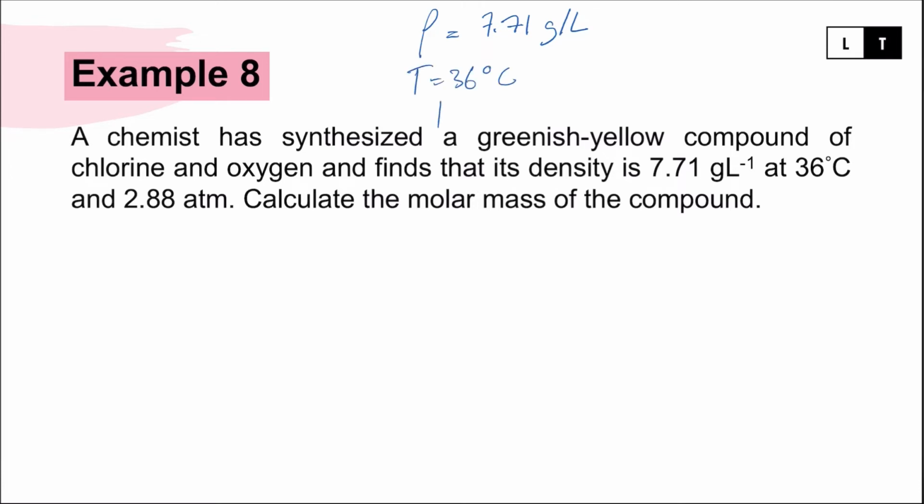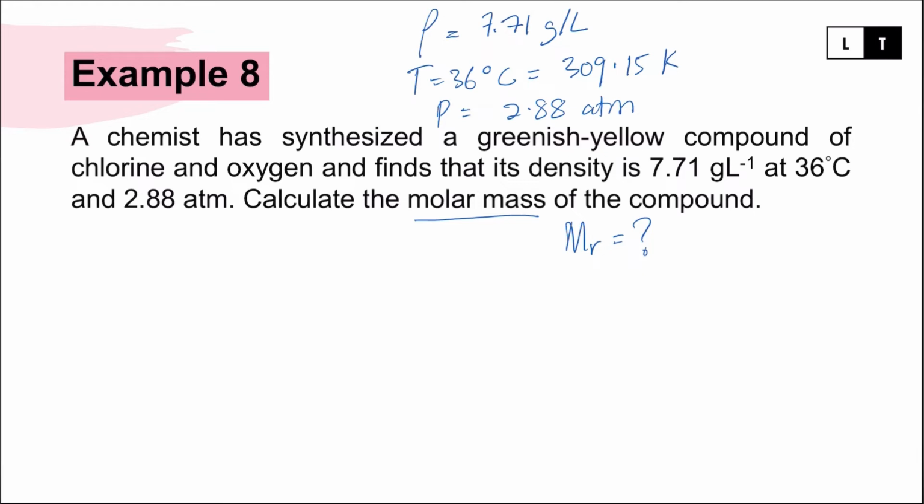And the pressure I have 2.88 atm. So daripada sini, untuk temperature saya akan convert kepada Kelvin. Jadikan habit untuk convert straight away temperature kepada Kelvin, volume kepada liter. And then seterusnya, saya nak calculate molar mass. So molar mass, what is the symbol? It is MR. This is what we are going to find out.